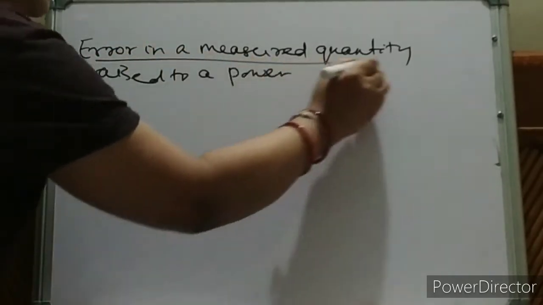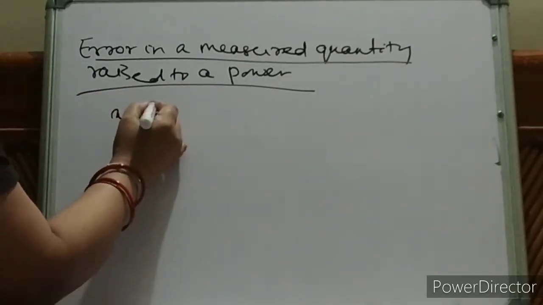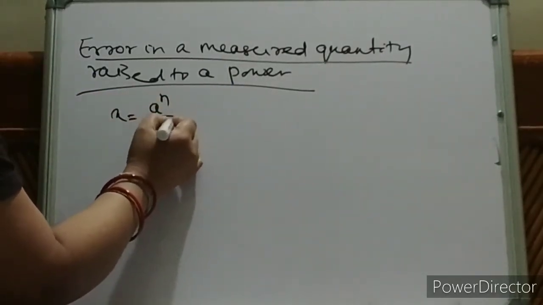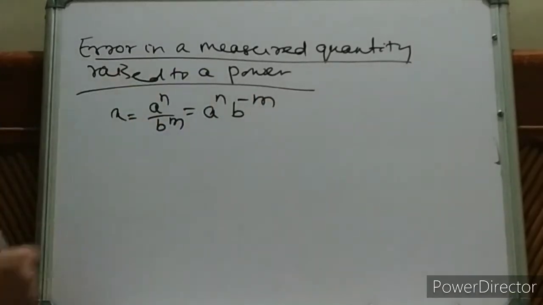Okay, how to do this? Let x is equal to a to the power n, b to the power m. So we can write a to the power n, b to the power minus m.